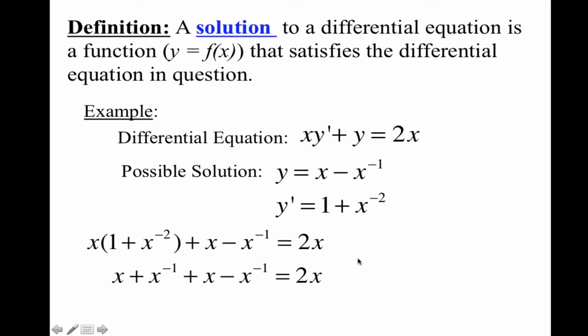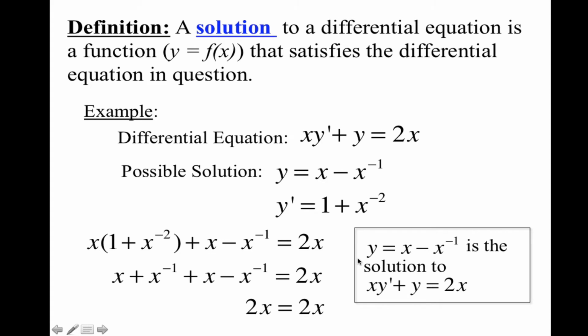And after simplifying, I do. I get 2x equals 2x. So therefore, I can conclude that y equals x minus x to the -1 is a solution to the differential equation x times y prime plus y equals 2x.